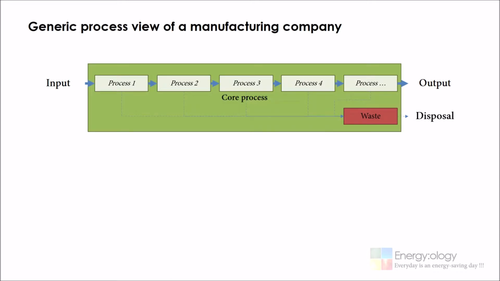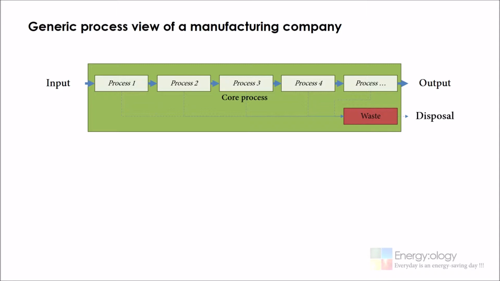Collectively, this is the core process of the company. All other processes such as finance, human resource, and engineering are support processes because they are supporting the core process to deliver its intended purpose.